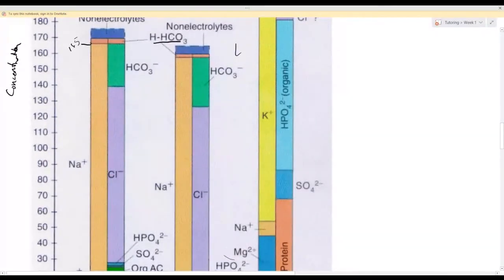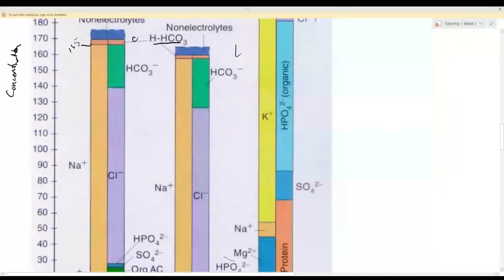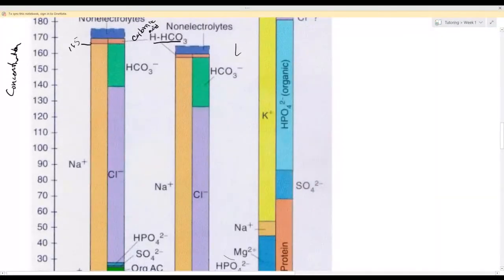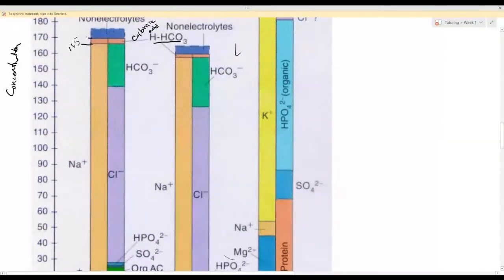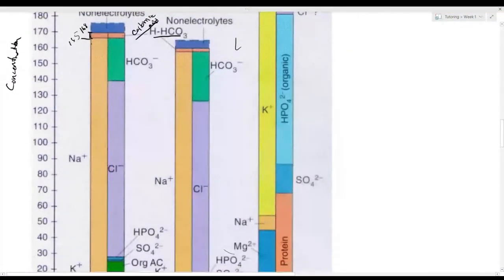HCO3, which is carbonic acid. It's also the buffer system of our blood, just for the record, which is why it's somewhere between 165 and let's say 168 as an approximation. So given that carbonic acid is our blood buffer system, it's got a very, very narrow band.